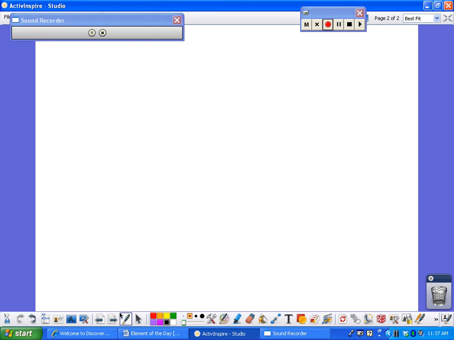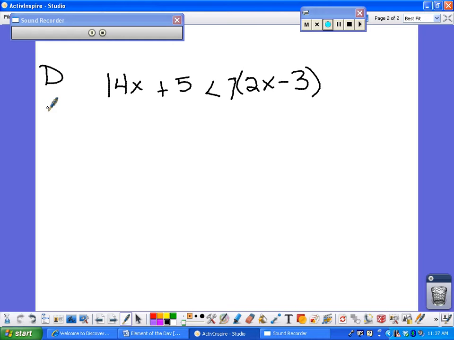All right, let's try another one. This one is a little more complicated. So 14x plus 5 is less than 7 times 2x minus 3. Okay, so again, over here, don't call me after midnight.